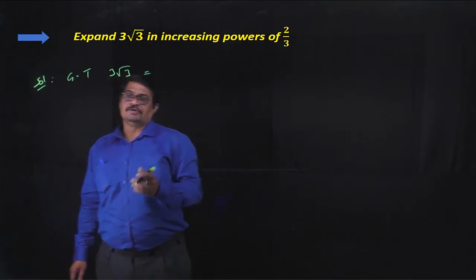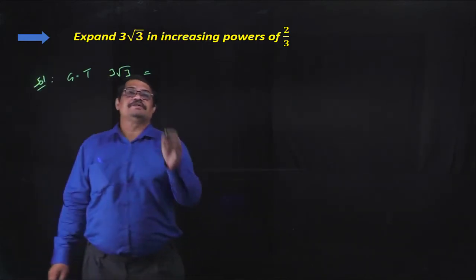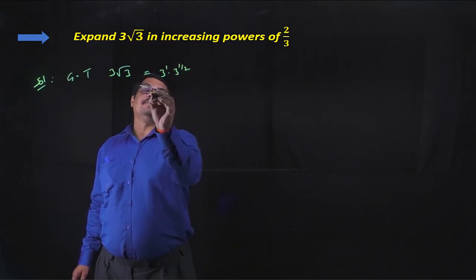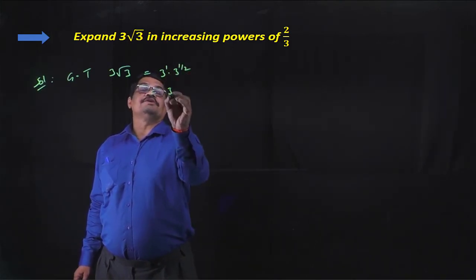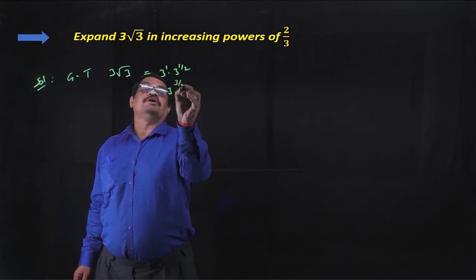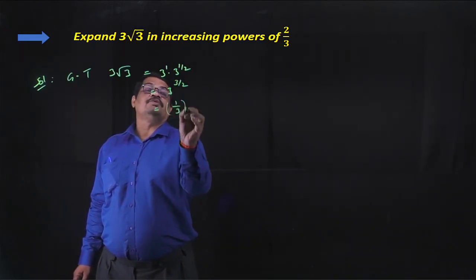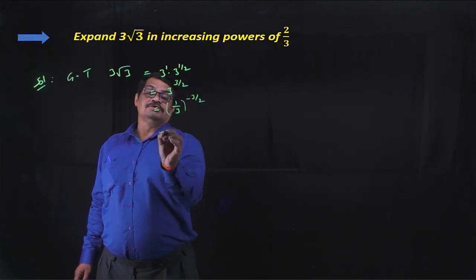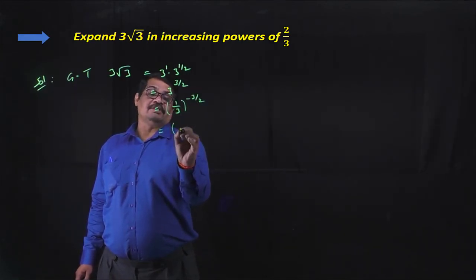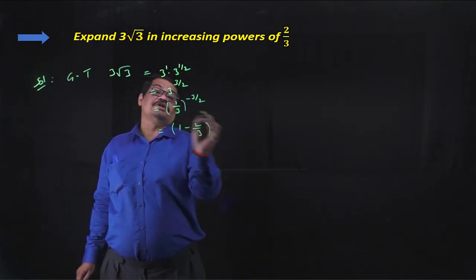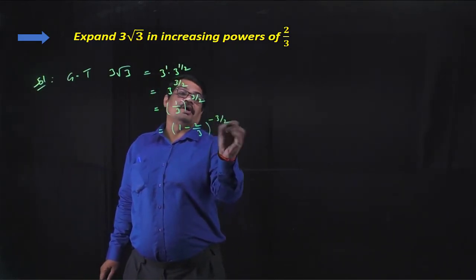This can be written as 3 to the power of 1 into 3 to the power of 1 by 2, that is 3 to the power of 1 plus 1 by 2, which is 3 by 2. This 3 can be written as (1 by 3) whole power minus 3 by 2. So that 1 by 3 can be written as 1 minus 2 by 3, that is 3 minus 2, so it is (1 minus 2 by 3) whole power minus 3 by 2.